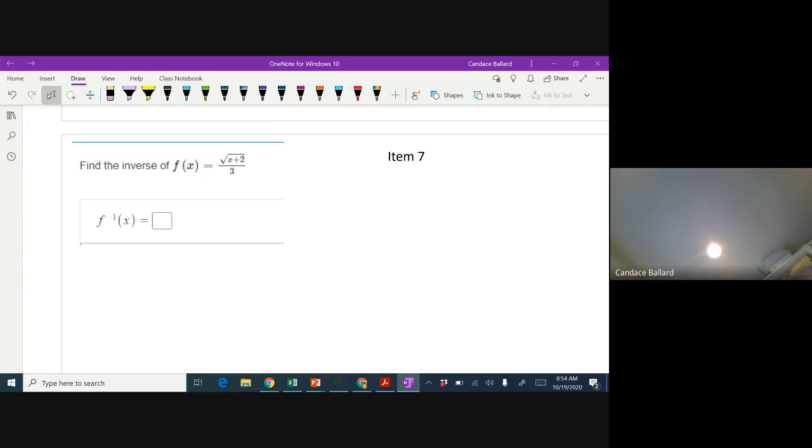All right, if I'm going to find the inverse of a function, what's the first thing I need to do? Put it in the chat and tell me.